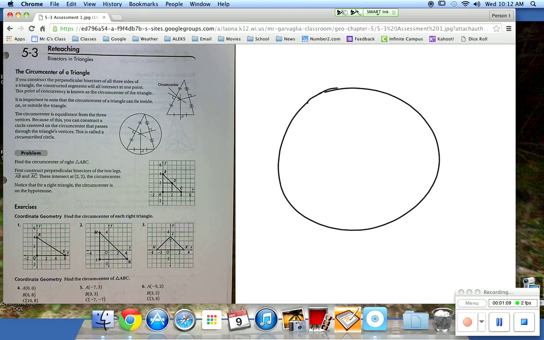Okay, I'm going to take 3 points on this circle, and it doesn't matter where they are. I can take 3 points wherever I want on this circle and draw my lines to make a triangle inside a circle. What I'm going to do is bisect each side.